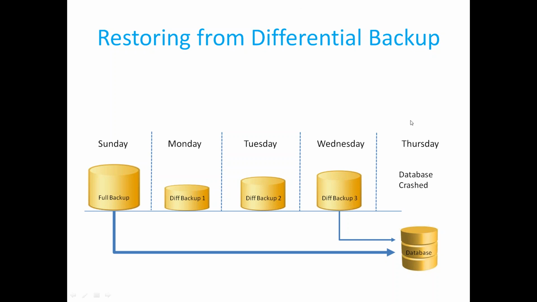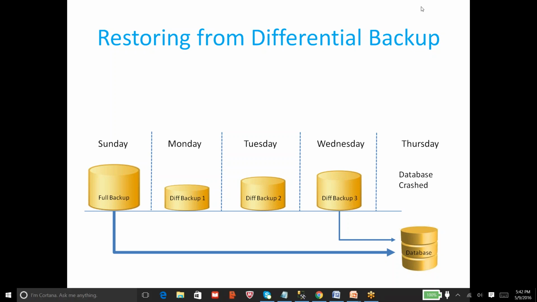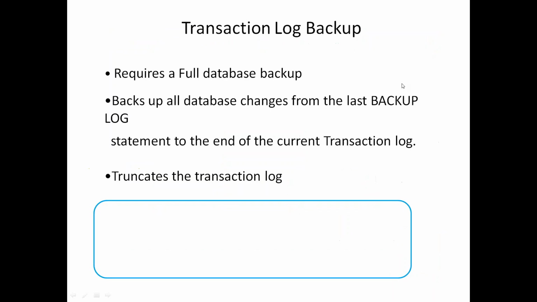So overall, the maximum data loss is 1 day here. So to avoid or to bring it down, maybe your business doesn't accept 1 day data loss. So in that case, we depend on the log backups. We schedule the log backups to run for every 4 hours or every 1 hour.